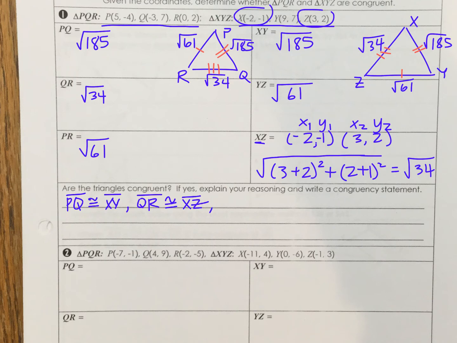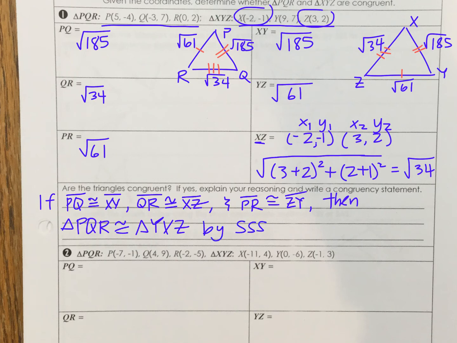And we also figured out that line PR is congruent to ZY. So if I know all these things, then I know that triangle PQR would be congruent to triangle YXZ by the rule of side, side, side.